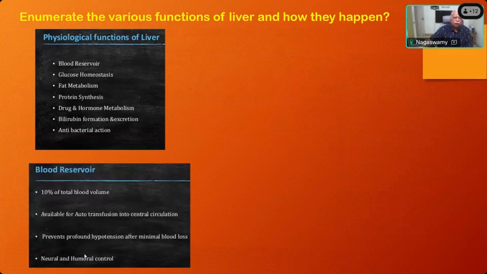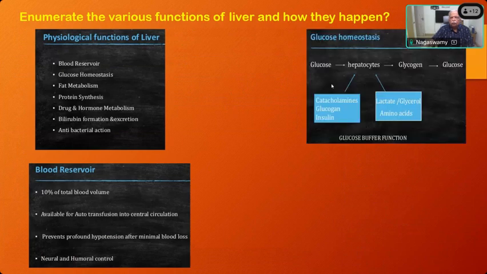So looking at each one of those, 10% of the total blood flow goes to the liver. So it is available for autotransfusion into central circulation and prevents profound hypotension after minimal blood loss. So this is how the liver helps as a blood bank for our body, and it is under neural and humoral control.